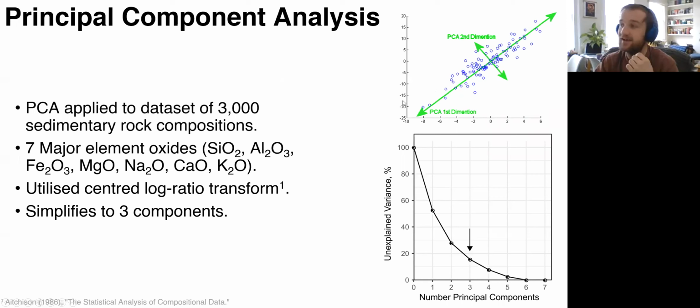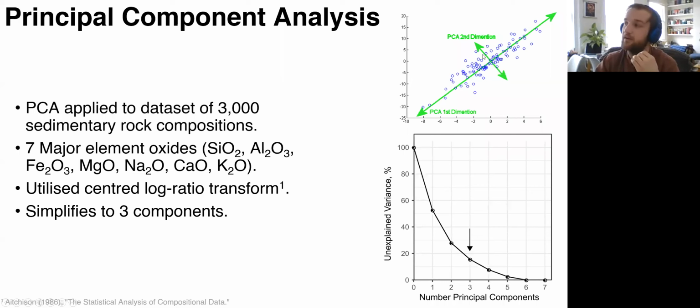PCA, as it's commonly known, is a pretty commonly used technique to summarize multivariate data. If you take this 2D example of just 2 variables, they're plotted in a data ellipse. The original variables are helpful, but there's clearly some redundancy because they're so strongly correlated. What PCA does is identify the directions of maximum variance, in this case parallel to 1-to-1 and then perpendicular to that.